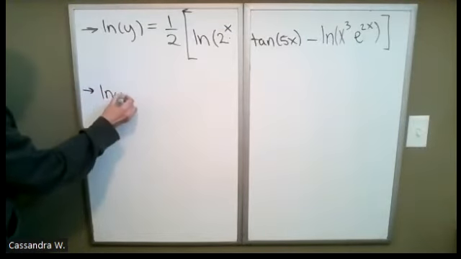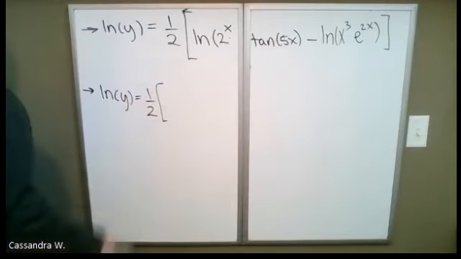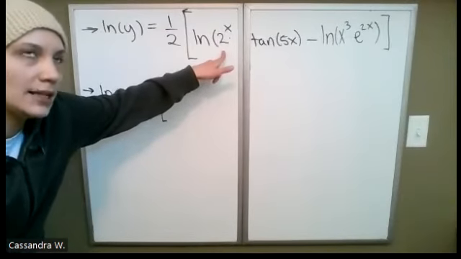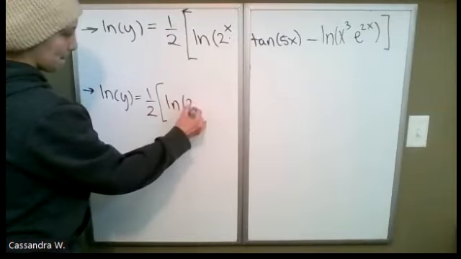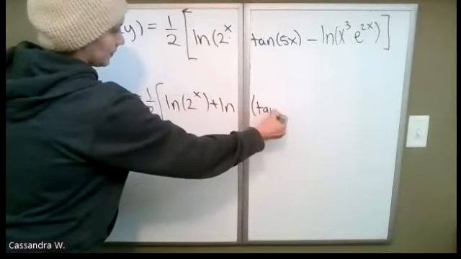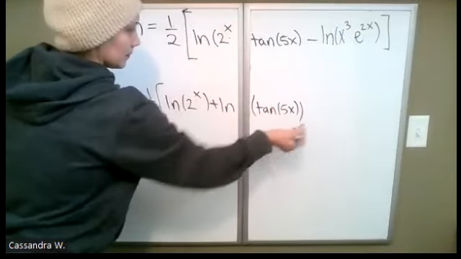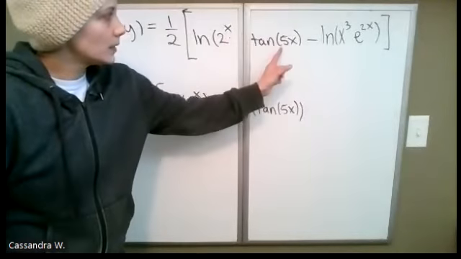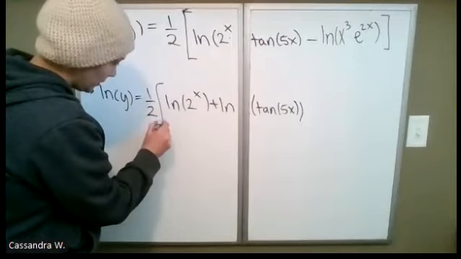Okay, so this one here would give us ln of 2 to the x plus ln of tangent of 5x. And here we're going to subtract, which I think I'm going to put down below.